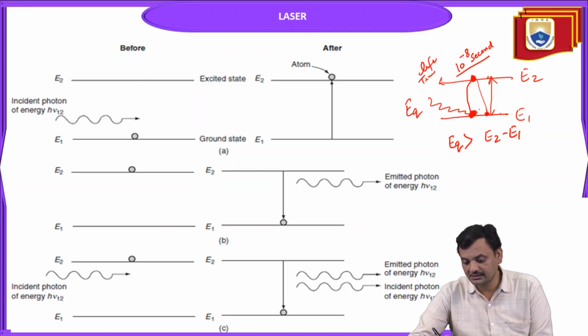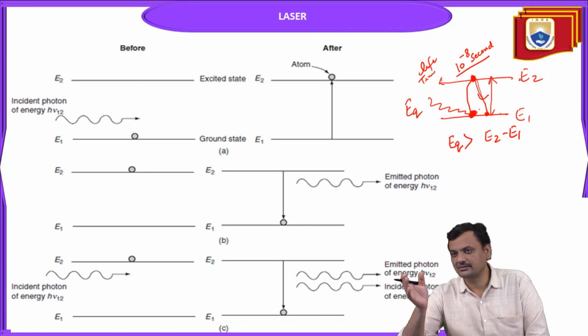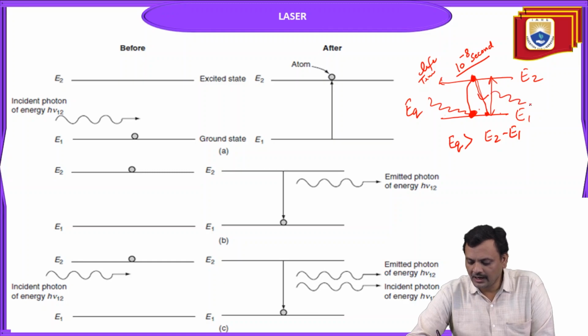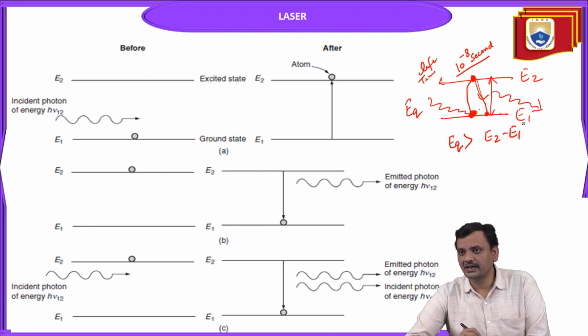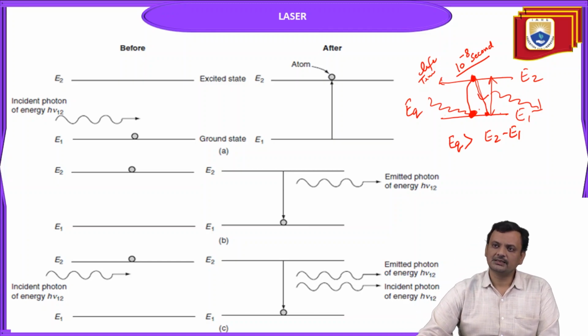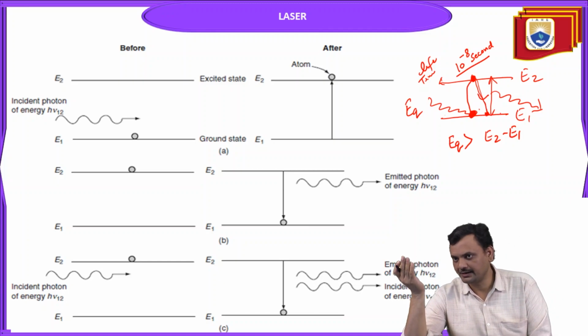Only then can this electron acquire again the E1 energy level. Here its energy is greater than E1, and now it is approaching the E1 energy level, so it has to radiate a sort of energy. If this radiation falls in the visible region, you will see it in the form of light.